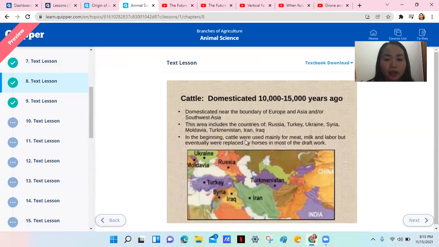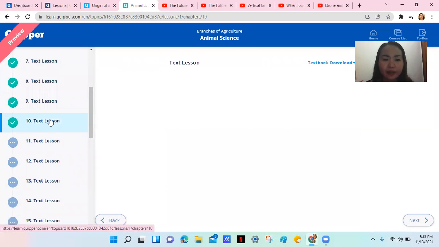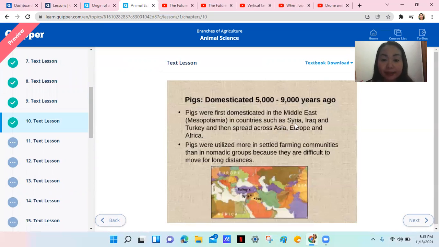Okay, so but eventually were practiced by horses in most of the draft work. So next we have pigs, which were domesticated 5,000 to 9,000 years ago. And they were first domesticated in the Middle East or Mesopotamia and in countries such as Syria, Iraq, and Turkey, and then spread across Asia, Europe, and Africa.